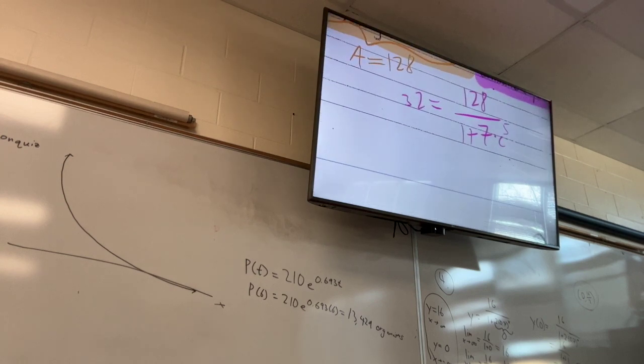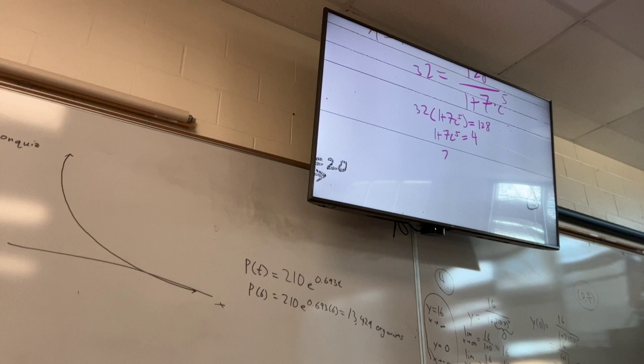Okay, then we can solve that. So we have 32 times 1 plus 7 c to the 5th equals 128. Or 1 plus 7 c to the 5th equals 4, or 7 c to the 5th equals 3, or c to the 5th equals 3/7.